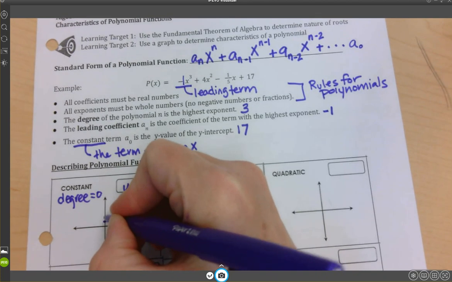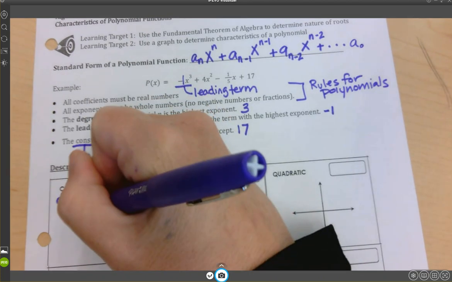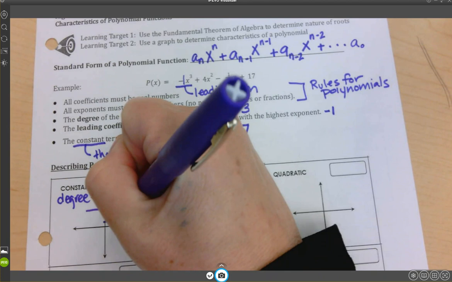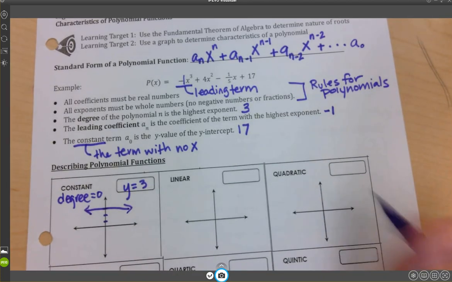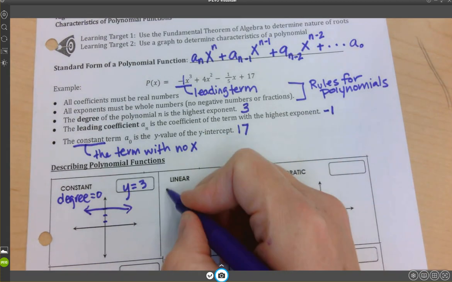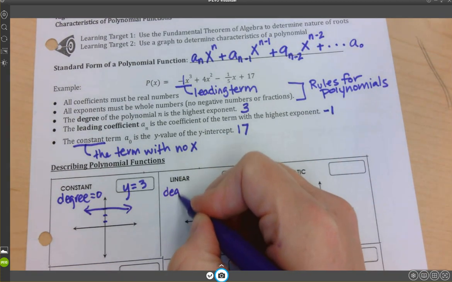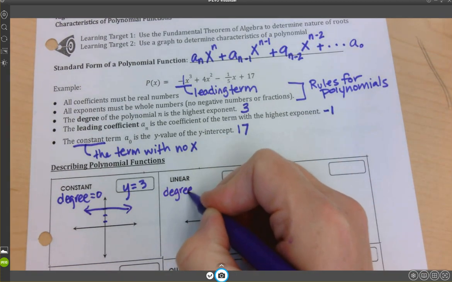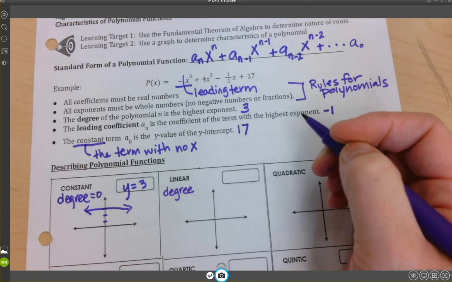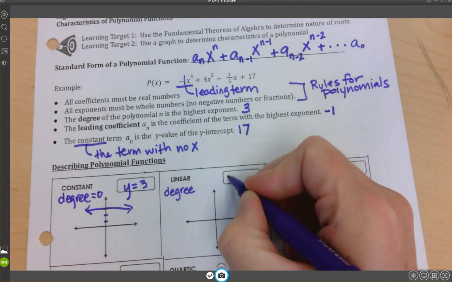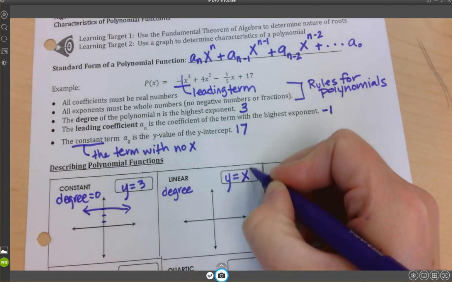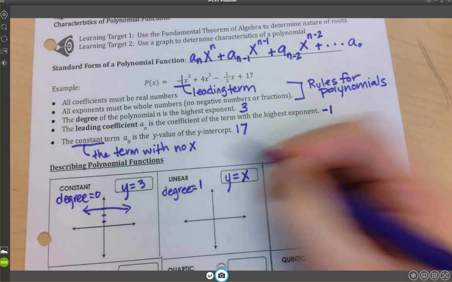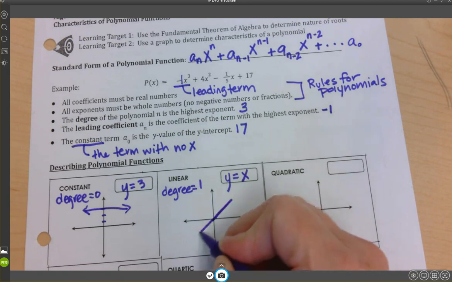So that means all the y's are 3, and it looks like a horizontal line because all of the points on this line have a y of 3. A linear function is when the degree is 1. So the highest exponent you have is just x to the 1, and a very simple example is y equals x. Remember, y equals x means x to the 1. And that's going to look like a line here.